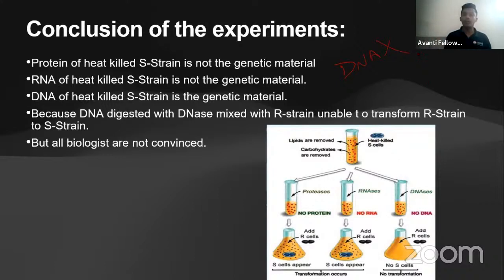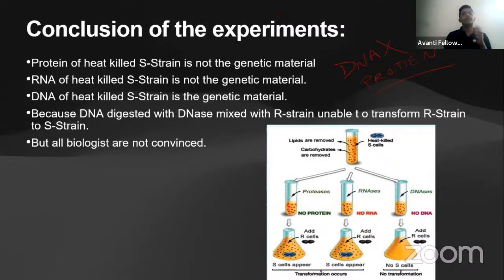So what they thought was proteins are the one. Other biologists thought that proteins are the ideal genetic material. Their argument was very simple. They thought that proteins have so many different types of amino acids, 20 amino acids are there, while DNA has only 4 different types of nucleotides. So the combinations of amino acids are a large number compared to the combinations of ATCG.